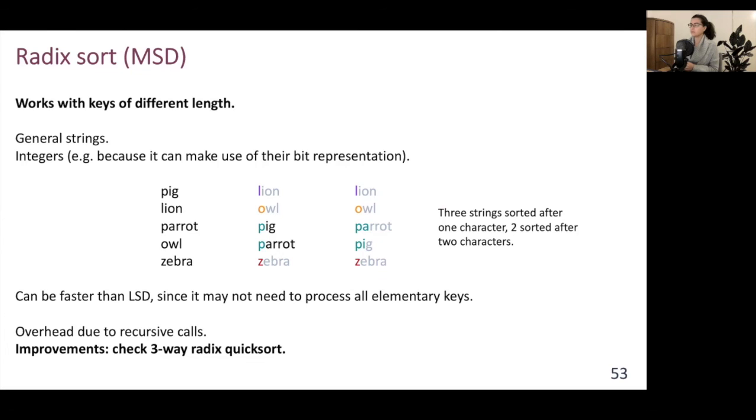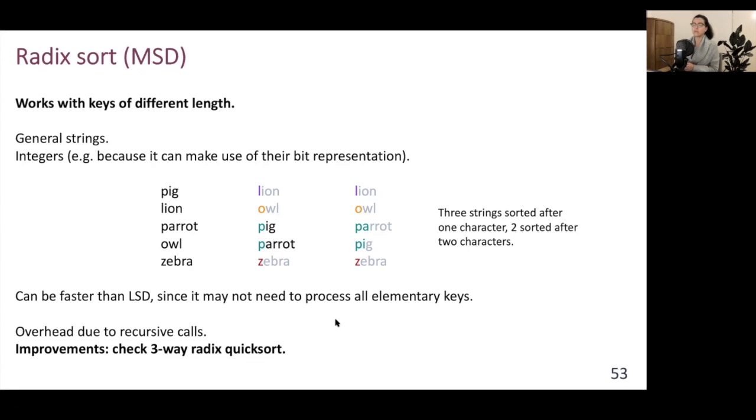Asymptotically, the time and space complexities of MSD are the same as the ones for LSD, but in practice there are two things to keep in mind. One is that MSD can be faster than LSD since it may not need to process all the elementary keys, as we've seen before, and as you can see here also again in another example.